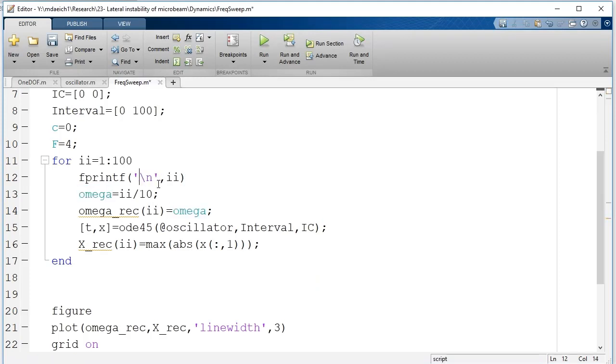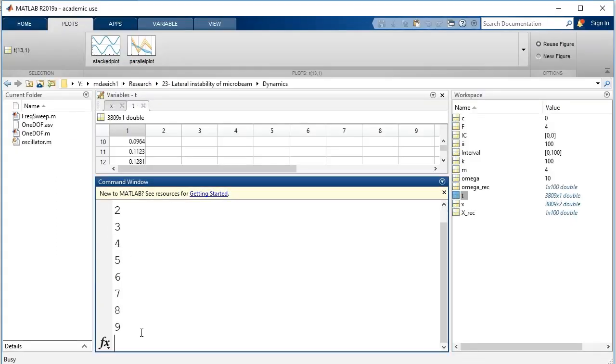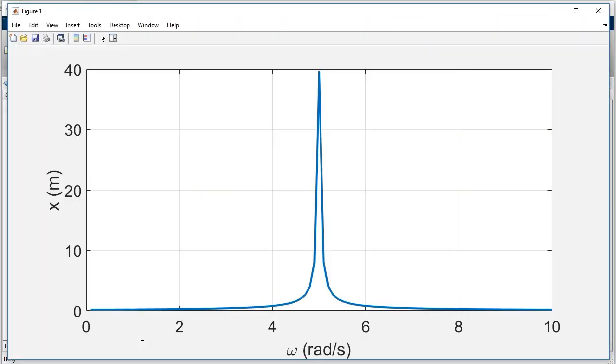Oh, I think I made a mistake here. So let's run this now. Okay, so 1, 2. That shows the index of the loop as we go through the loop. So we are sweeping omega and seeing how the maximum response will change, the maximum of the amplitude for the position.